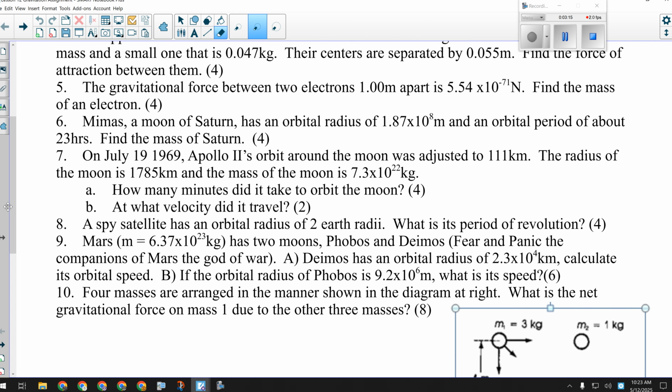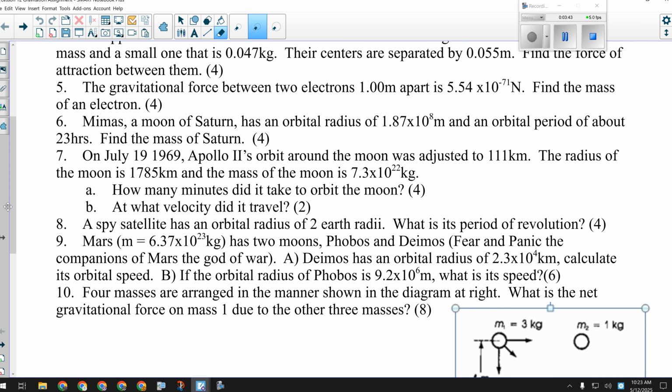For number 7, we are talking about Apollo 2's orbit. They adjusted it to 111 kilometers. The radius of the moon is 1,785 kilometers. So I want you in this question to think about where that 111 kilometers is likely measured from, given the radius of the moon.